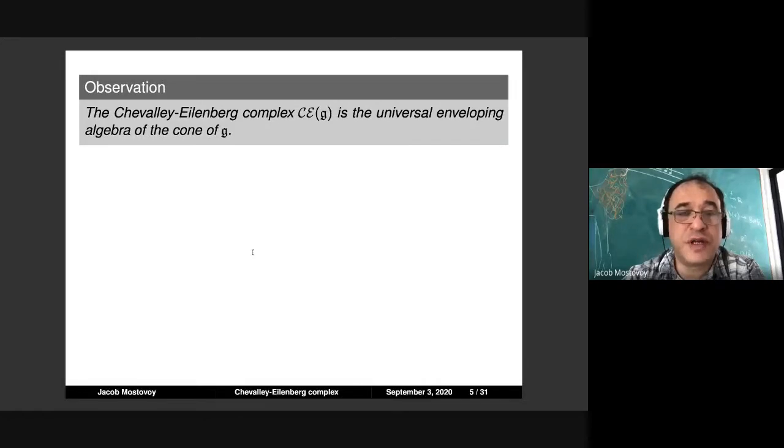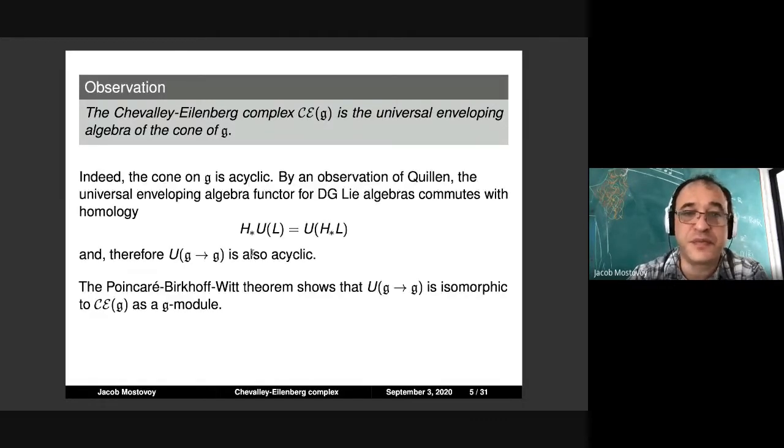So the Chevalley-Eilenberg complex is just the universal enveloping algebra of the cone of G. This is probably the simplest way to construct it. Again, we're in a tensor category, so everything works as it would work for vector spaces. You have universal enveloping algebras for DG Lie algebras, and you have the Poincaré-Birkhoff-Witt theorem.